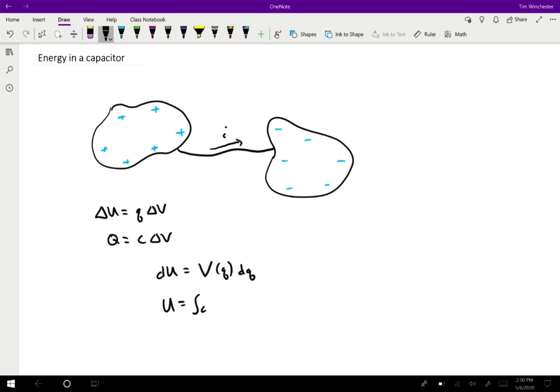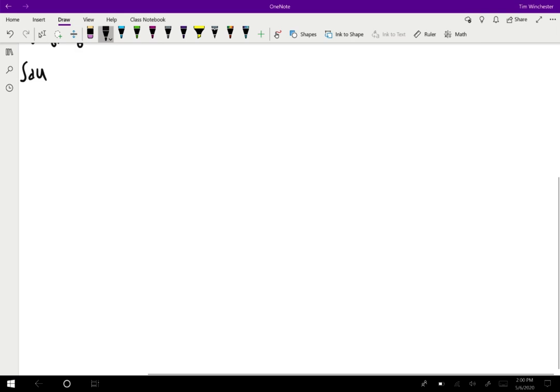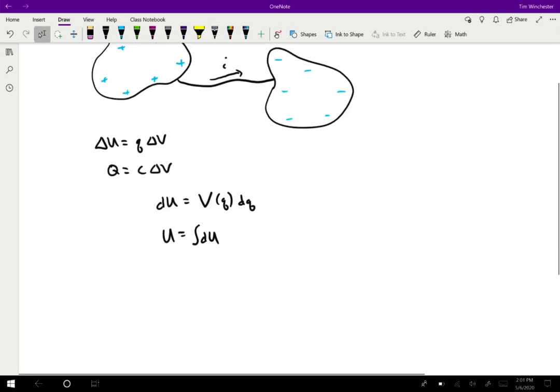So integral of dU from the very beginning to the end, which is going to be the integral of V of q dq from q equals 0 to q equals the final charge, which I'll call capital Q.